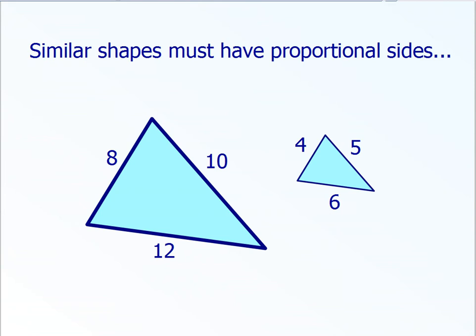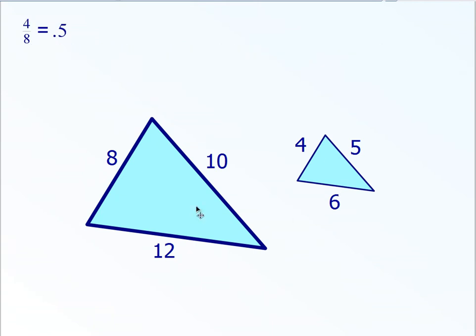So to decide if two shapes are similar, I need to check that they all share the same scale factor. So if I look at corresponding sides on these two triangles, the smaller one is my new image, new over old. I check 4 over 8, and that gives me a scale factor of 0.5.